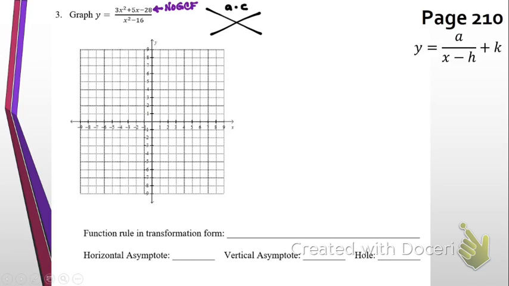What is A times C? Negative 84, you said? Okay. Interesting, you guys. 3 times negative 28, you said, is negative 84. What's my B value? 5. We don't need them to go into each other.